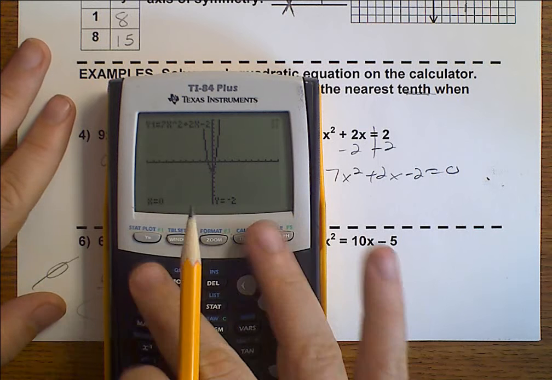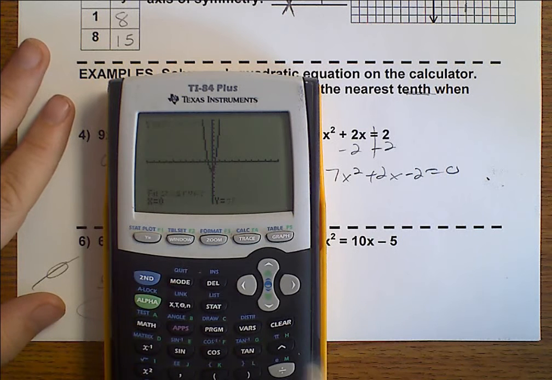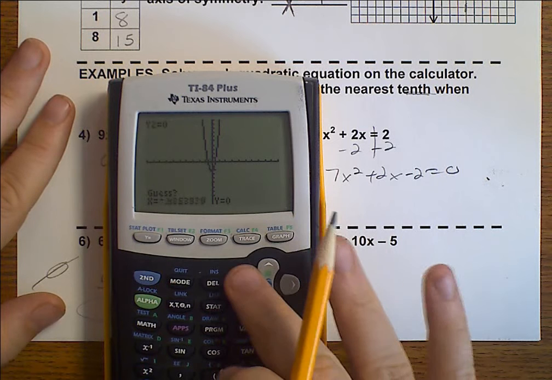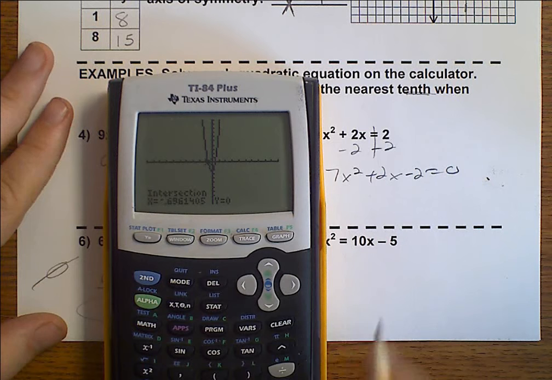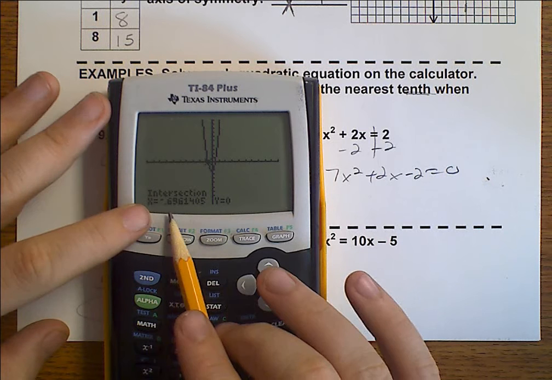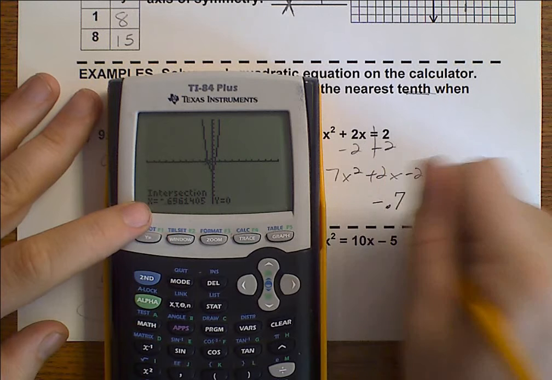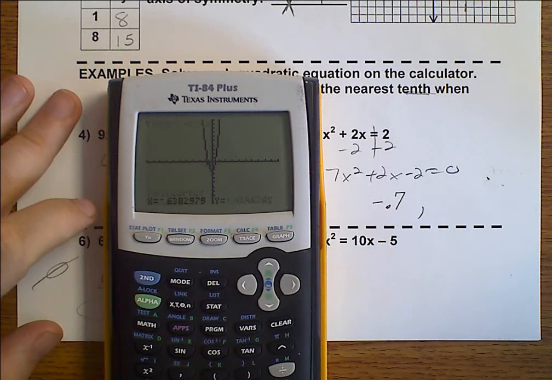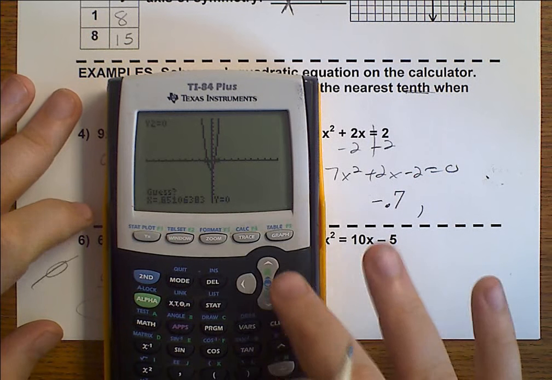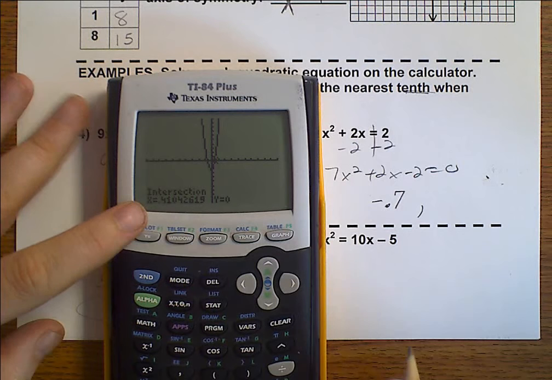We want to find the intersection. First curve, second curve, get close to my intersection on the left. This gives me negative 0.7. And do it again. First curve, second curve. Scroll to the second intersection. Hit enter. 0.4.